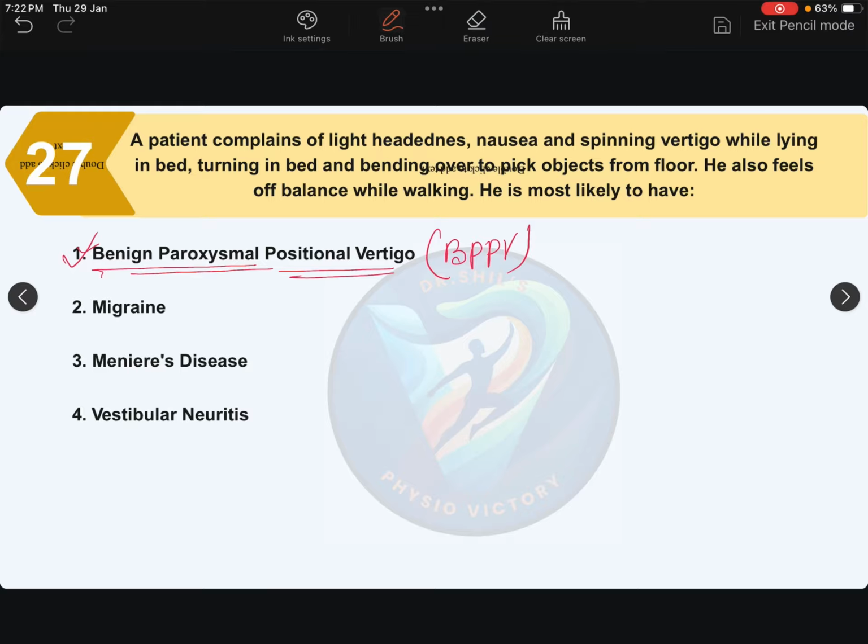Basically BPPV is triggered by turning in bed and bending forward, due to otoliths in semicircular canals. Migraine is headache dominated.